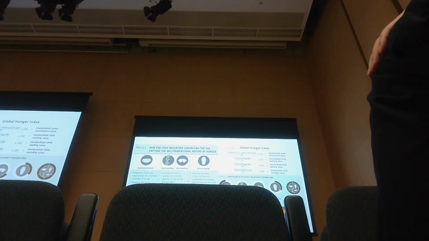Okay, so once you have this GHI score, we have a certain scale over here. If we have a GHI score less than 9.9, we think this has low severity.